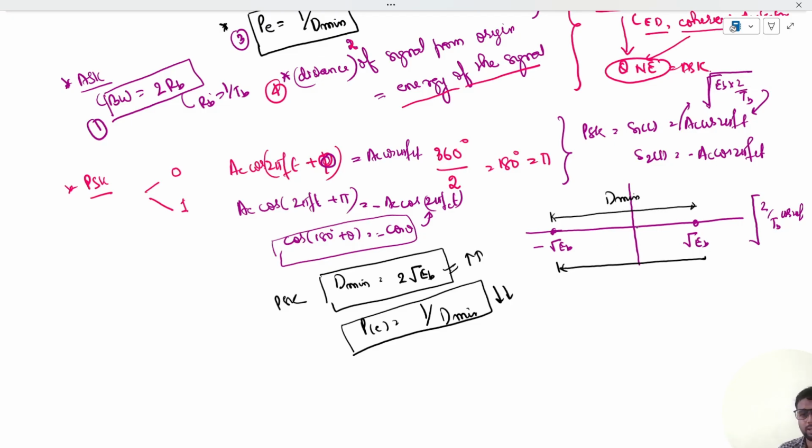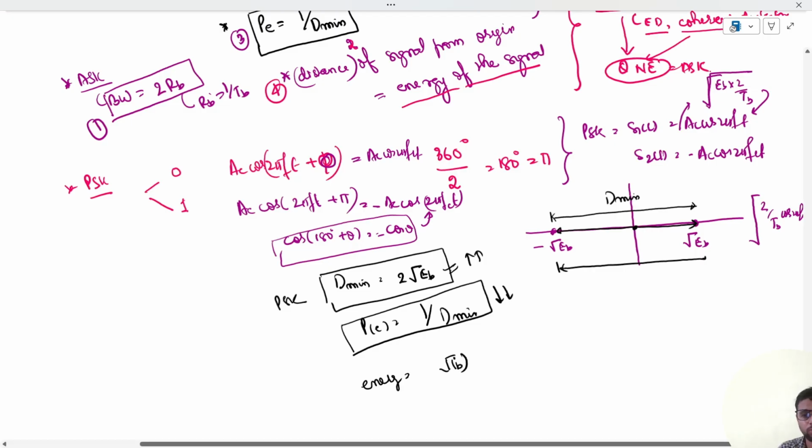So what is the energy of the signal? This is the distance of the signal from the origin, root over EB, and this is also root over EB. The energy is given as the distance from the origin whole square, that is root over EB whole square, which is nothing but equal to EB.